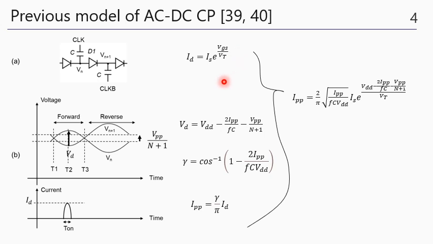The single diode, ULPD, and latched charge pump can operate in the subthreshold region when the input clock signal amplitude is below threshold voltage. So we can use this current versus voltage relationship for all the three cases originally.